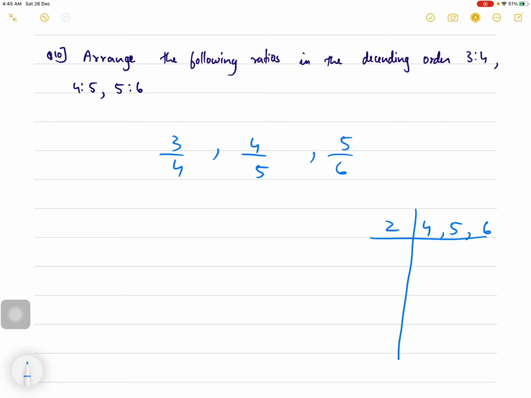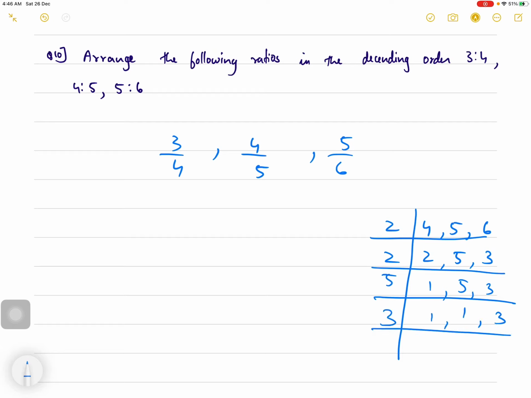Okay, so 2 2s are 4 and 2 3s are 6. Okay, 5 I'll write as it is. Then 2 1s are 2, 5 and 3 I'll write as it is. 5 1s are 5. Okay. Then 3 1s are 3. Okay, so the LCM is 2 into 2 into 5 into 3.